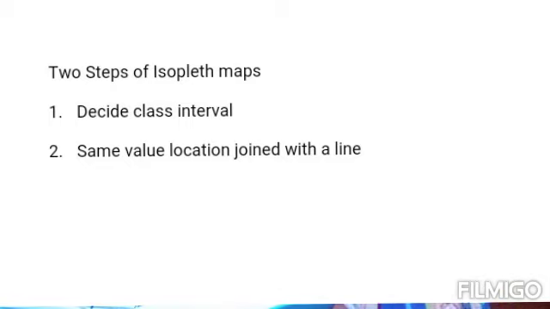So in isopleth also we require highest and lowest values for class intervals and to find out the difference between two lines. The second thing we have to follow in isopleth maps is that lines are drawn for the decided intervals, and locations with the same values are joined. So we draw lines for the intervals, and with the help of lines we connect the places of the same value, right?